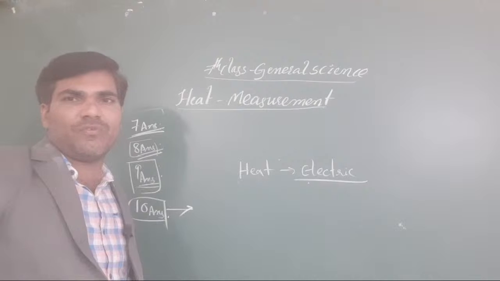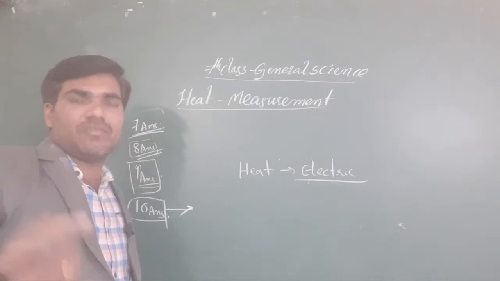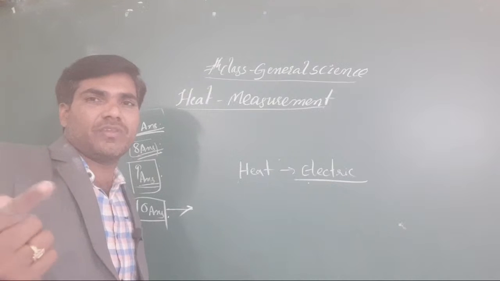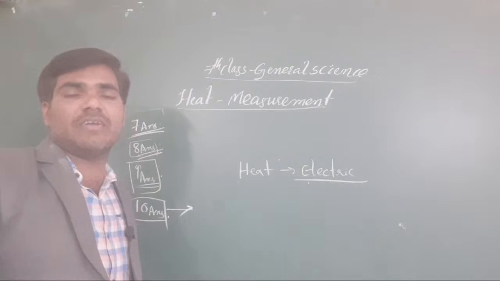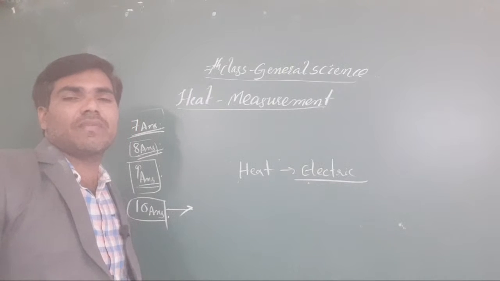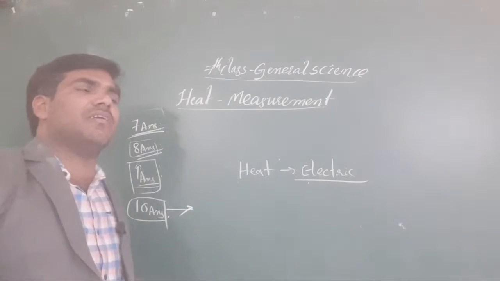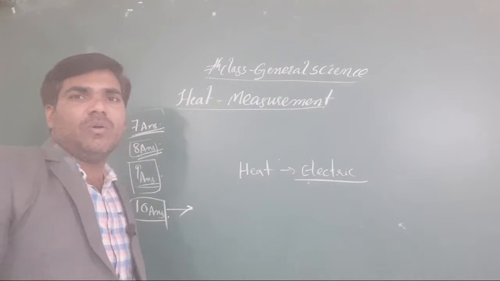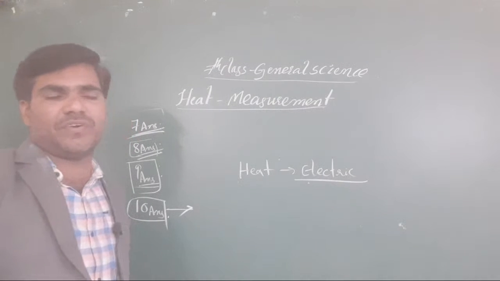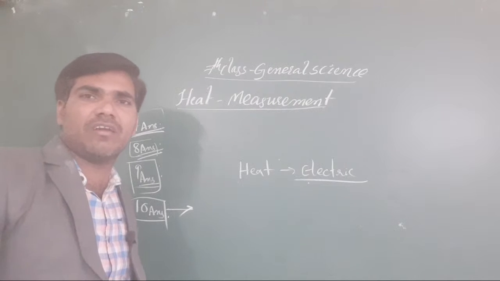Okay, clear or not, all of you? Because when a matchstick is heated, the phosphorus at the end is heated and converts into light energy. Like that, heat energy may convert into light energy, electrical energy, and mechanical energy also.